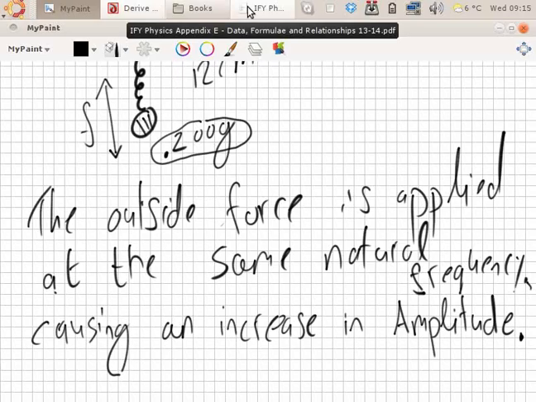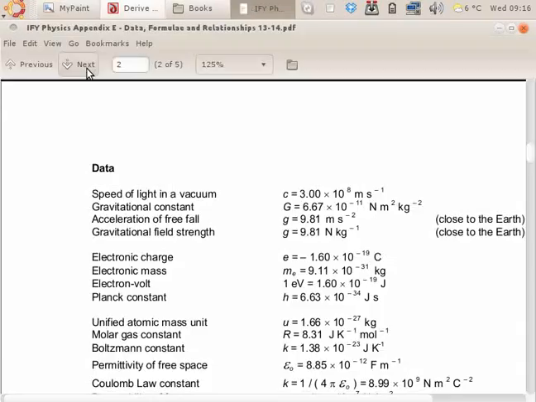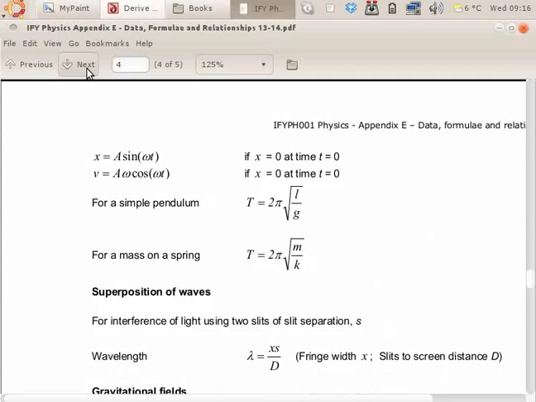So it's the last one. Yeah, I said the outside force is applied at the same natural frequency, causing an increase in amplitude. Okay. Now, I just need the formula book to show you something for the next one.